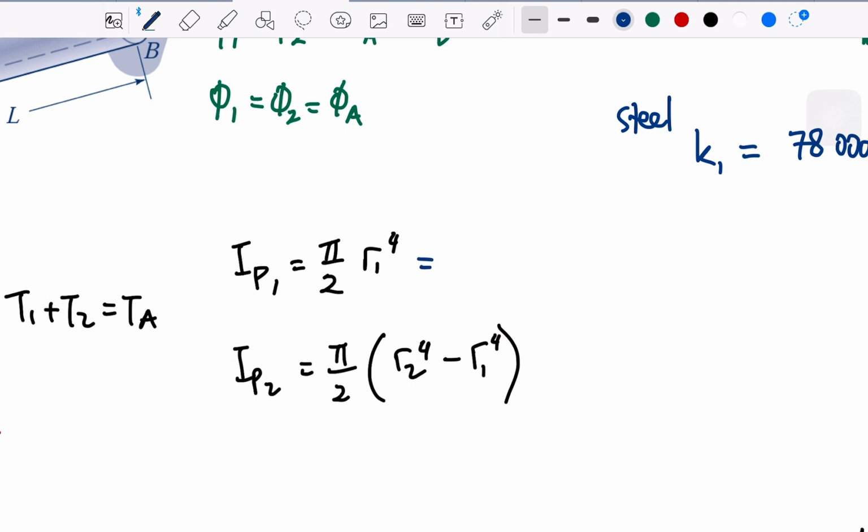For material 1, this will be pi times 25 to the power 4 millimeter to the 4, divided by 2. Check.